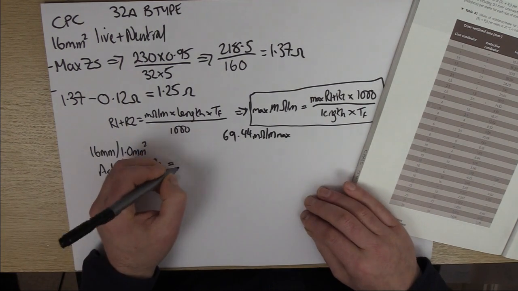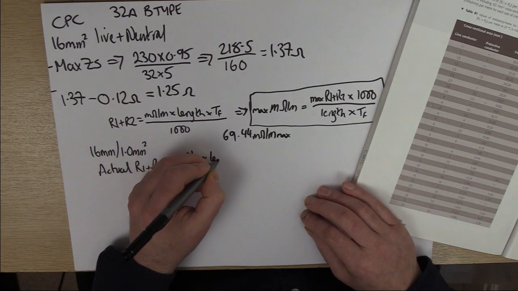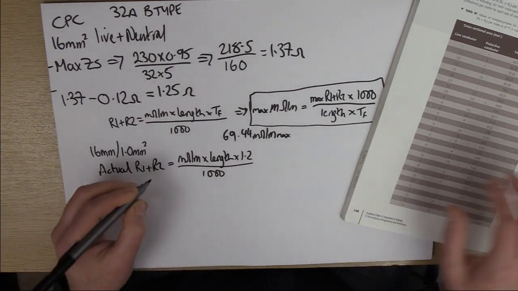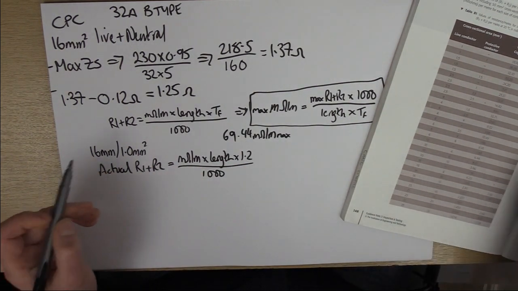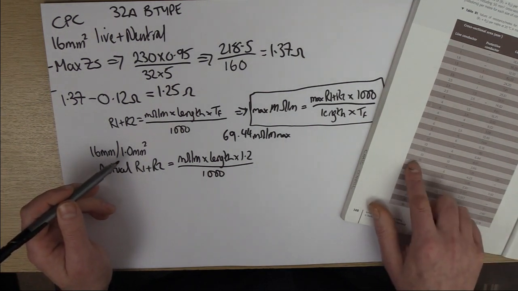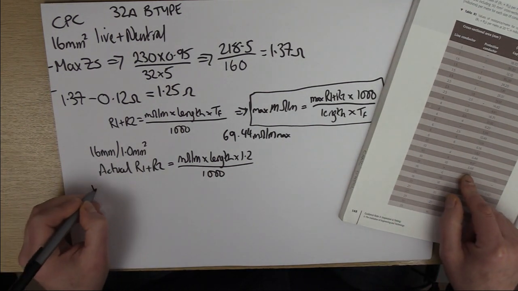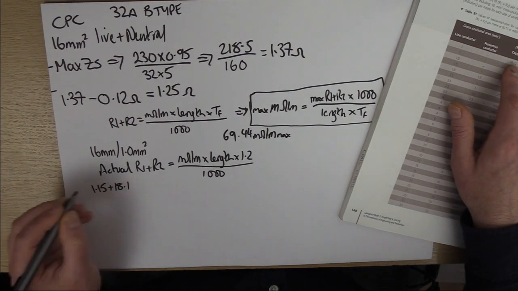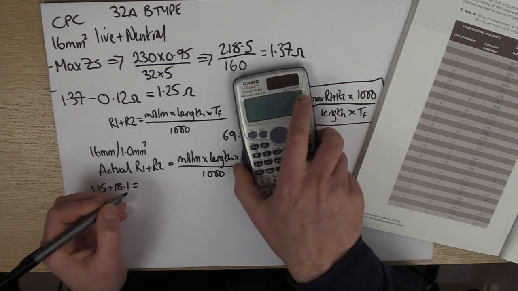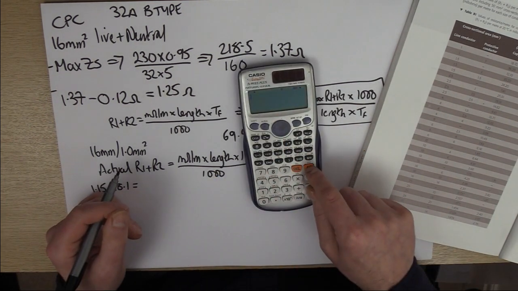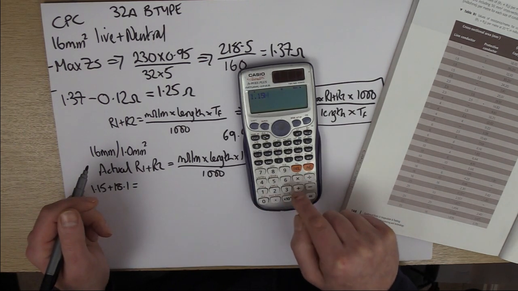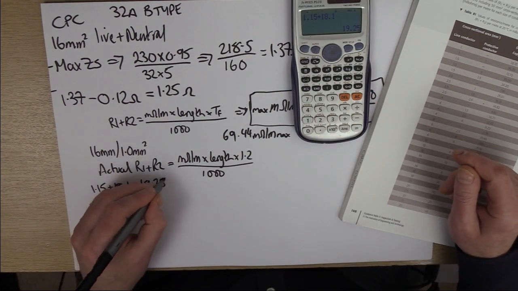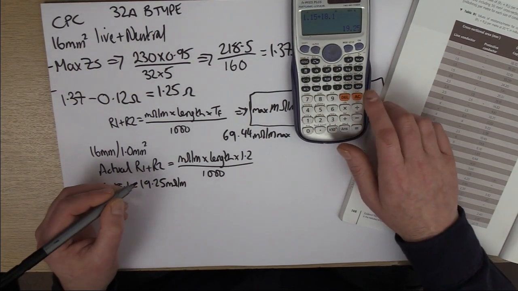Max. So milliohm per meter times length times 1.2 over 1000. So we've got 16 mil on its own is 1.15, and then 1 mil on its own is 18.1. So to get our milliohm per meter as a live and CPC, we just add them together. 19.25 milliohms per meter.